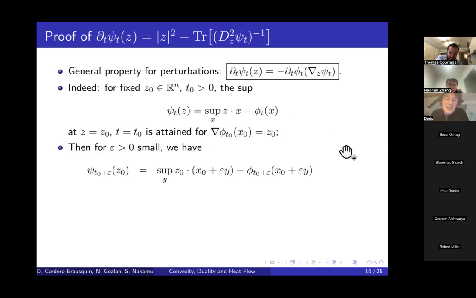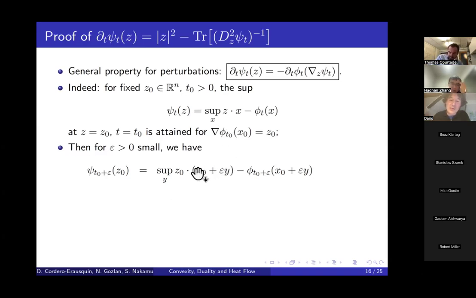But of course, the idea is that when epsilon is small, this supremum will be attained at a point which is close to x naught.